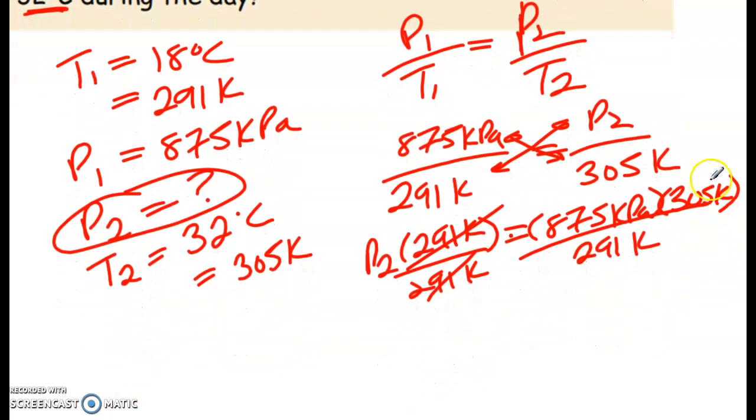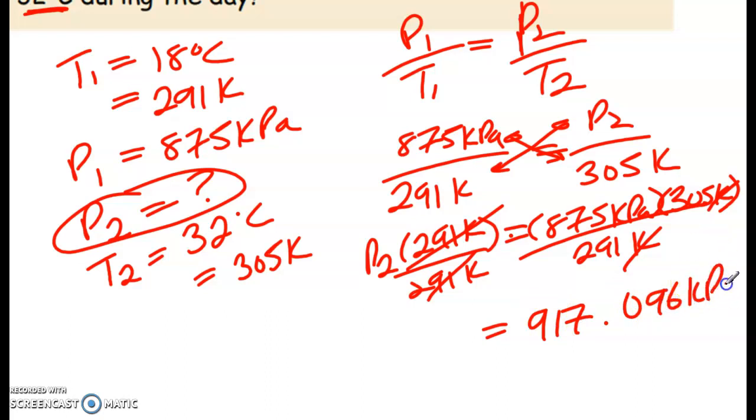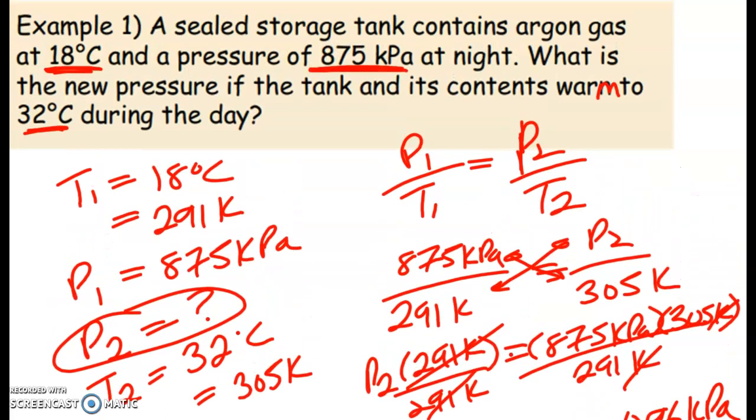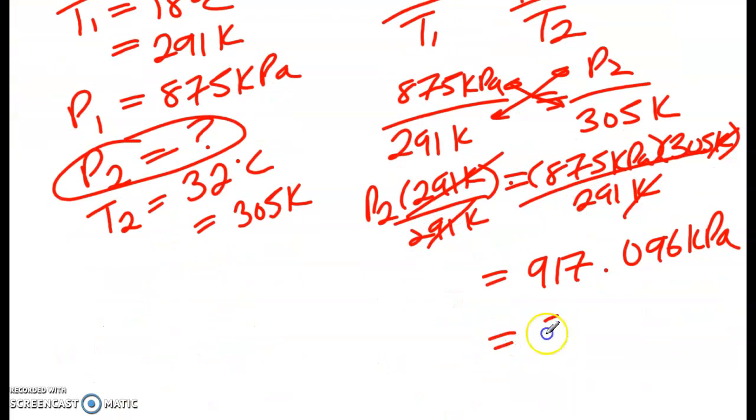That should make sense: the unit of Kelvin will cancel and we'll be left with kPa. So this ends up being 875 times 305 divided by 291. So this ends up being 917.096 kPa. And then for sig figs, it is 2. So it's 920 kPa.